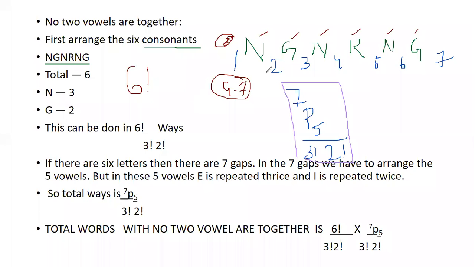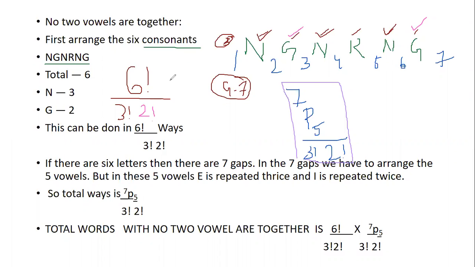Since it is permutation of like things, I should see what is repeated. N is repeated 3 times, so I am taking 3 factorial. Then apart from that, G is repeated twice, so 2 factorial.